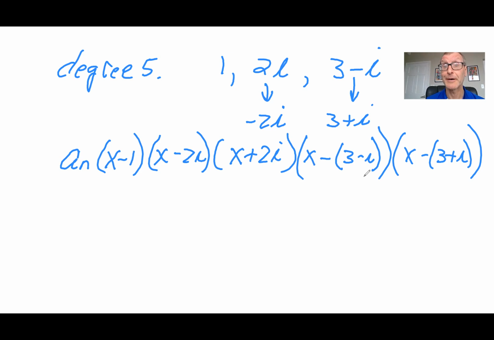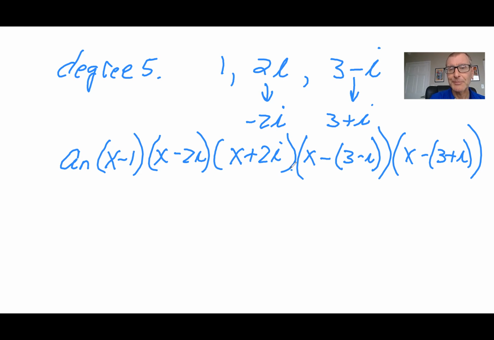Last thing I want to point out is that when you multiply this all out, which is quite tedious, if you don't do it this way, it's going to be 1,000 times more tedious, always multiply the complex conjugate factors together first. Why? Because complex conjugates are nice when we multiply together: the imaginary part goes away.